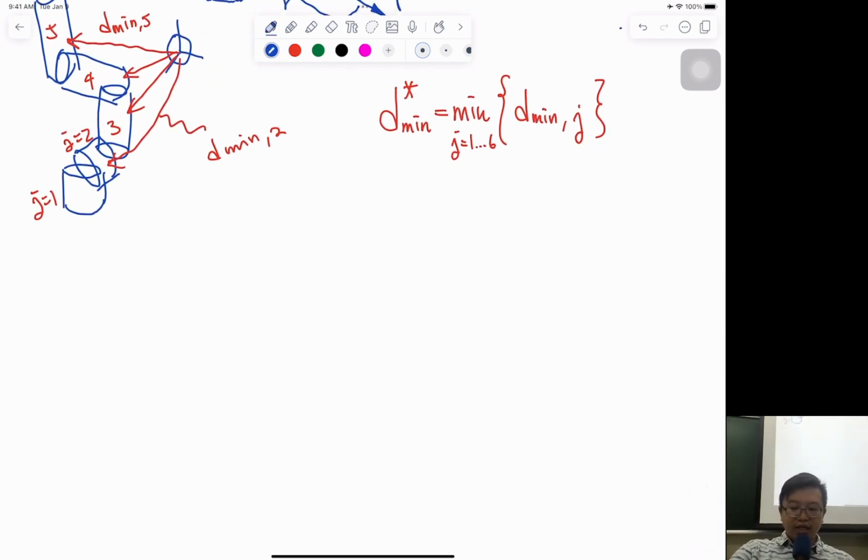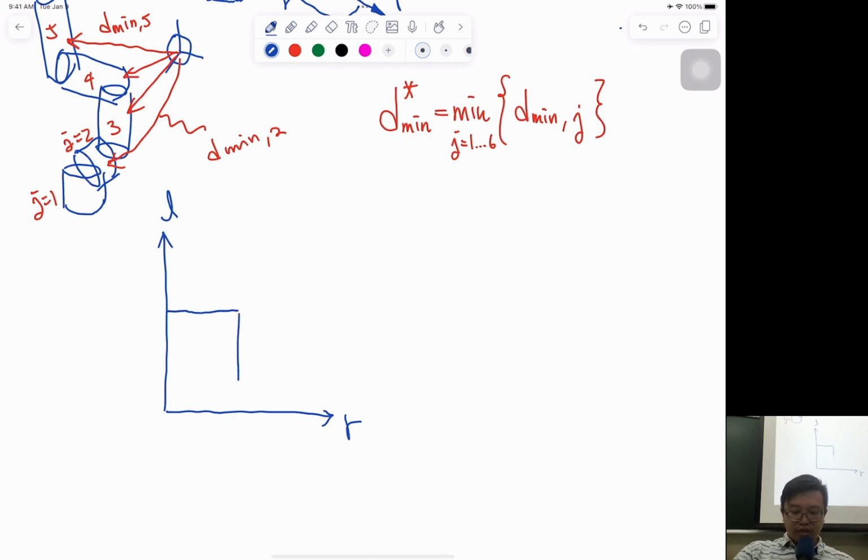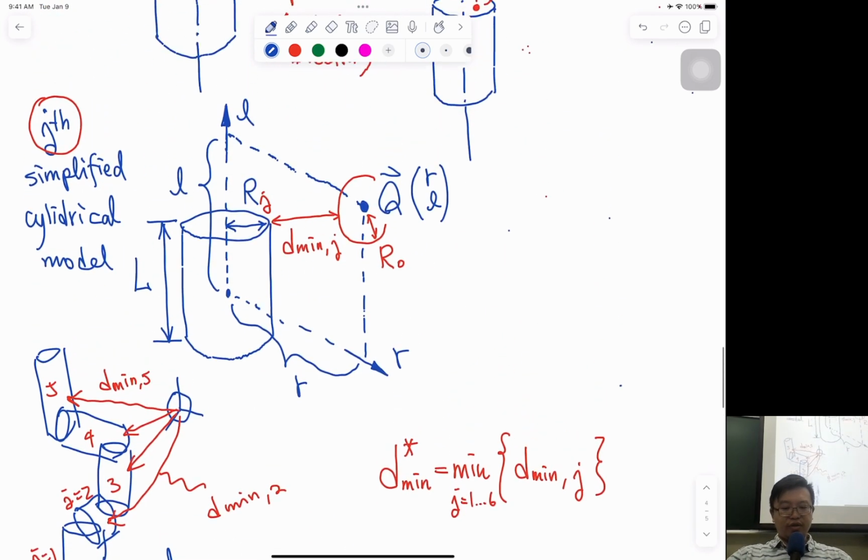We can then view this whole thing in a planar way. This is the radius, this is the axial direction, and I can draw something like this. This is basically Rj. This is half of capital L, right?